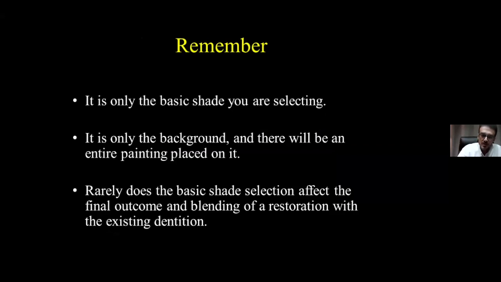It resembles only 5 to 10% of the final outcome, and together with the surface texture and the outline form, it gives the normal appearance. So if you have a proper selection of the color shapes and the basic shade, and you don't have a proper form or surface texture, the outcome will be artificial, and vice versa.